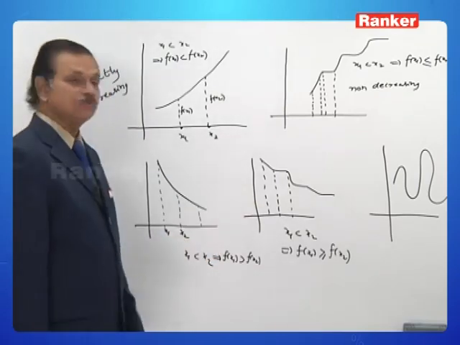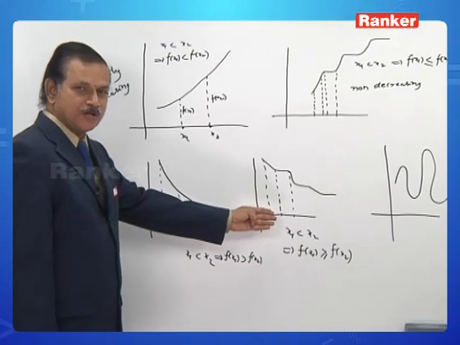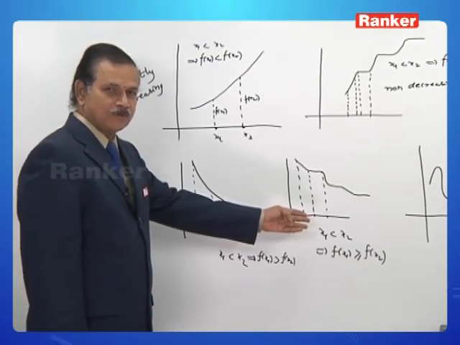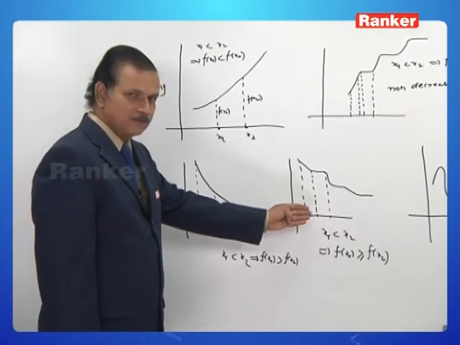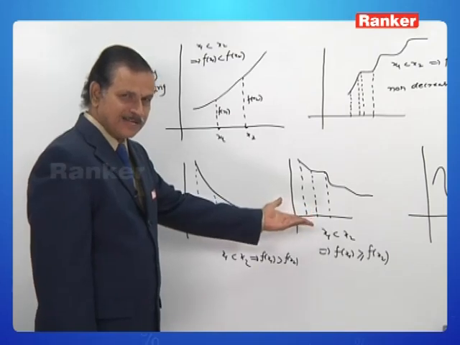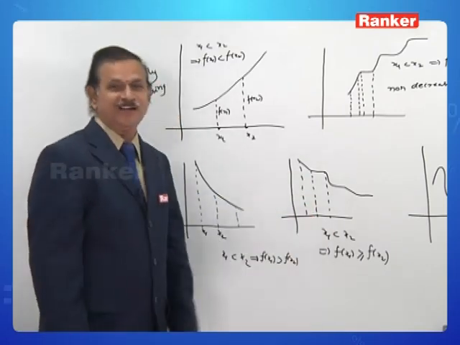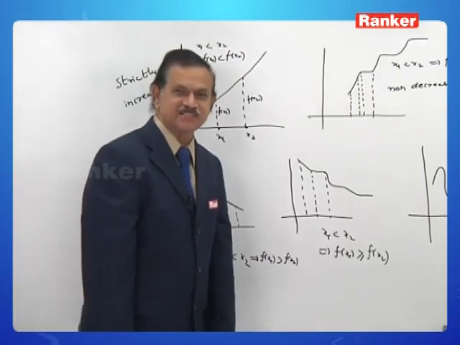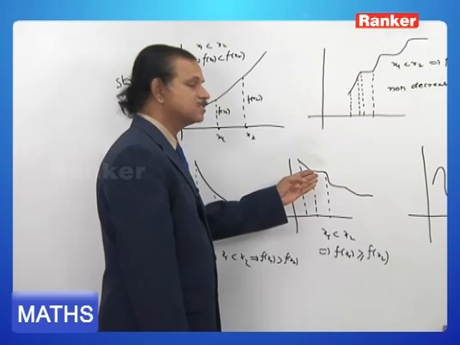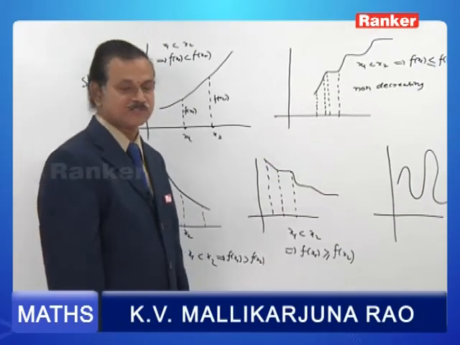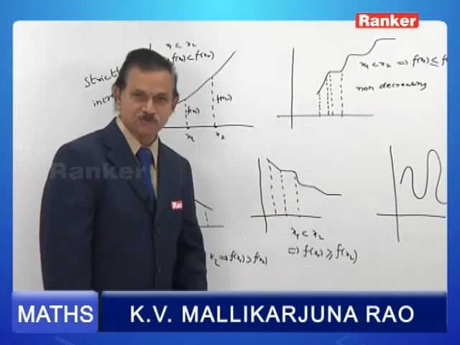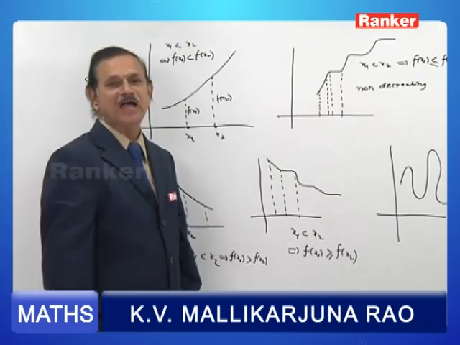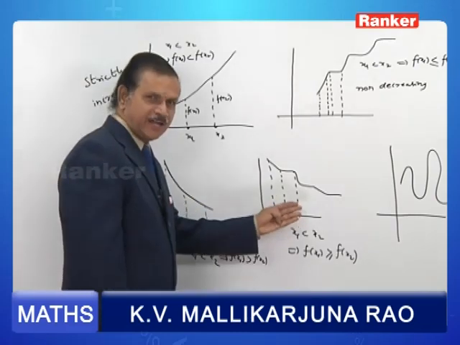So, in this case, we say that it is monotonically increasing or decreasing? Non-increasing. Why are you not able to say that it is perfectly decreasing? Somewhere else it is becoming stationary, somewhere f of x1 equal to f of x2 might happen. That is why it is non-increasing.